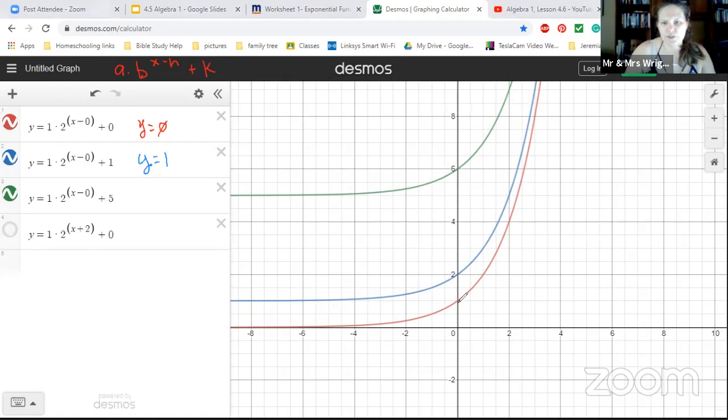So on our original graph, we have here 0, 1. Now we have 0, 6, because 1 plus 5 is 6. And then here we have 2, 4.